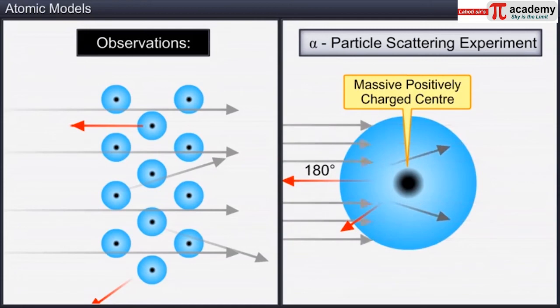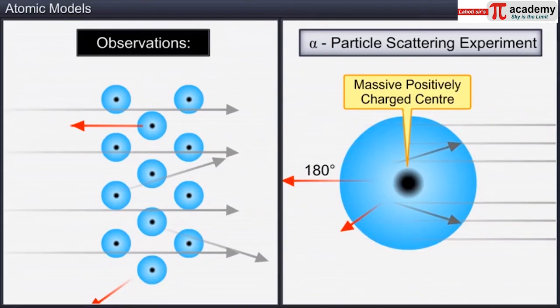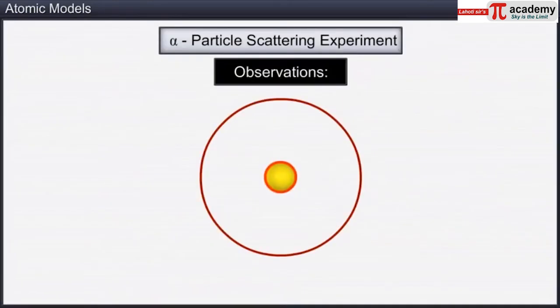It is due to the increase in enormous repulsive forces from the massive positively charged center. Rutherford named the positively charged center present in an atom as nucleus.